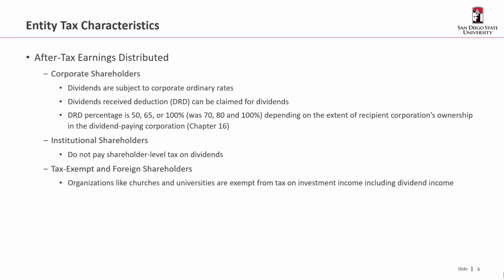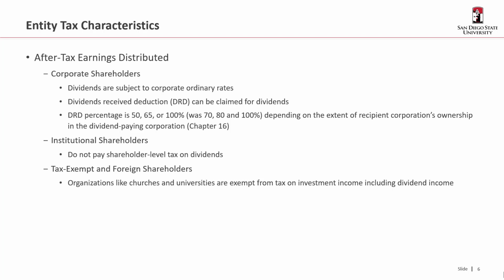But corporations take something called a dividends received deduction. And we're going to spend some more time on that in the next few videos. The DRD percentages are 50, 65, or 100%, depending on how much of that corporation is owned by the parent. And again, we'll walk through exactly how that works.